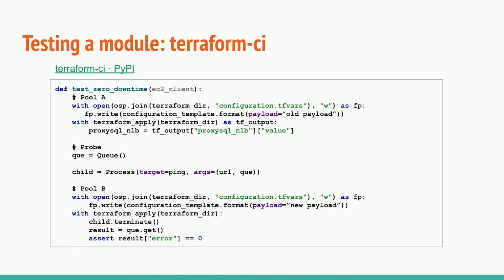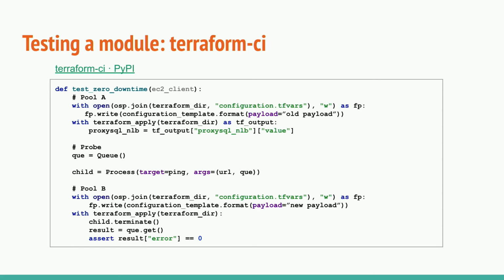With Terraform, the idea is a little different. If you want to test something, you need to use the module, you need to create the resource, then you need to validate it, and then you need to destroy it.